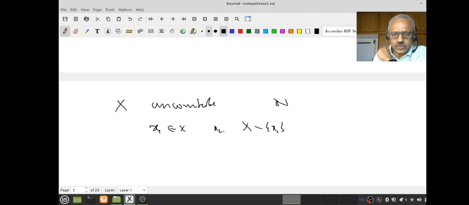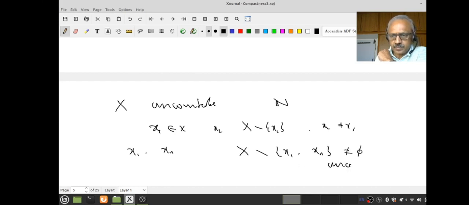Therefore, there is an x2, and remember x2 is different from x1. Suppose I have selected x1, x2, ..., xn, then remove this finite set. This is actually not empty, in fact uncountable. Therefore, there exists xn+1 which is different from x1 to xn.